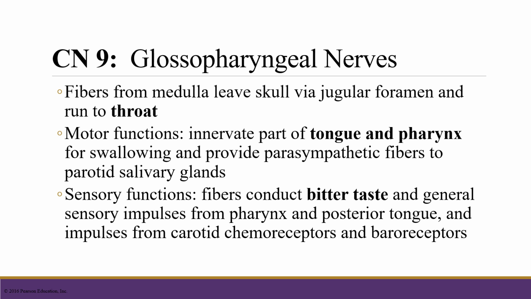Sensory functions, fibers conduct bitter taste, bitter back 9, and general sensory impulses from the pharynx and the posterior tongue, and impulses from carotid chemoreceptors and baroreceptors. So checking in on oxygen indirectly by checking in on carbon dioxide of the blood, and then blood pressure as well. So how much oxygen is getting to the brain and how much pressure is bringing that oxygenated blood to the brain is the idea here.